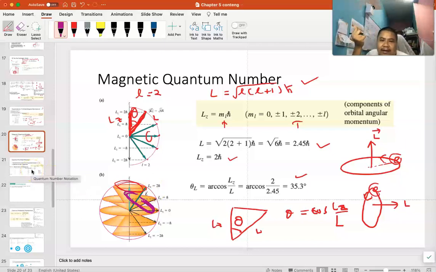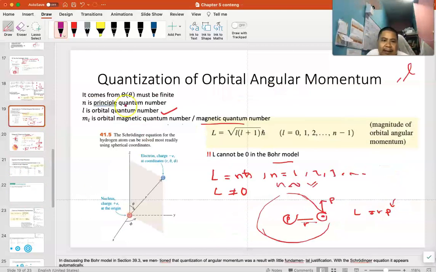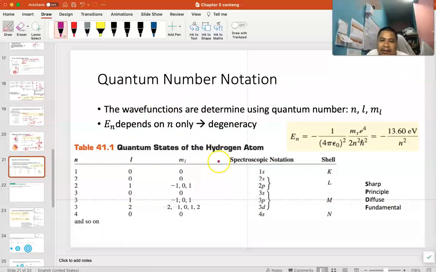Alright, so we have the new quantum number, which is orbital quantum number dengan magnetic quantum number. Okay, kita ada baru dah. Tadi dah ada prinsip, kita ada 3 quantum number. Ketiga-tiganya diperlukan untuk kita tuliskan pada wave function.